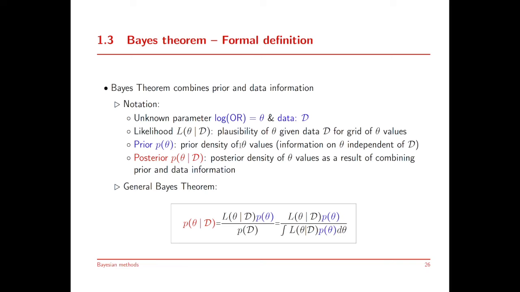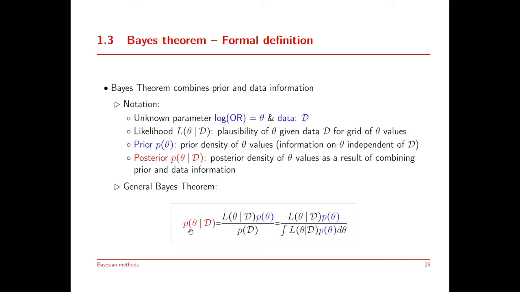Very important to mention is that in the Bayesian approach, the unknown parameter is a random variable, which is not the case in the classical statistical approach. Combining now the likelihood with the prior, we get the posterior, and it's just the product, likelihood times prior, divided by what we call a constant.